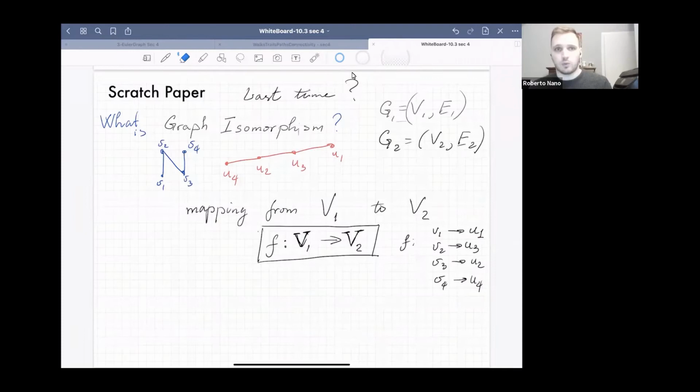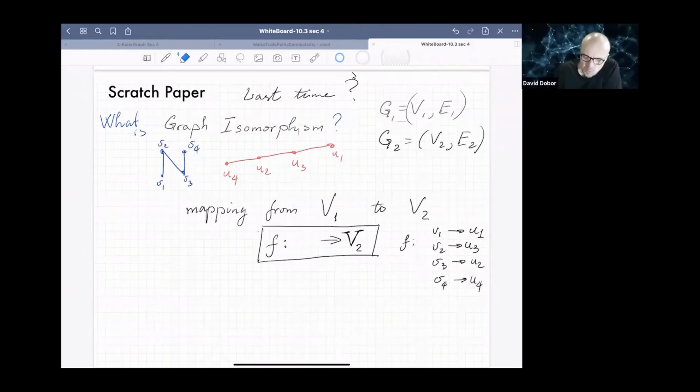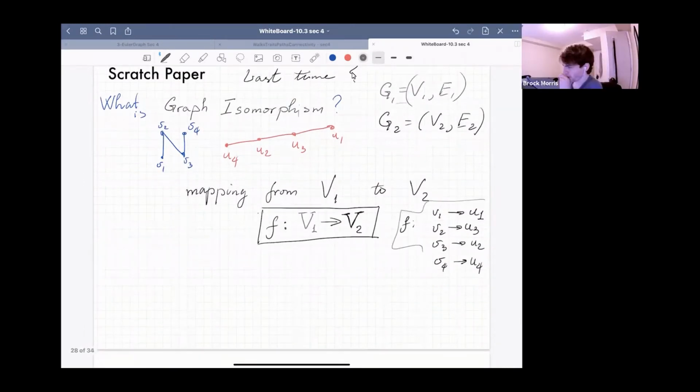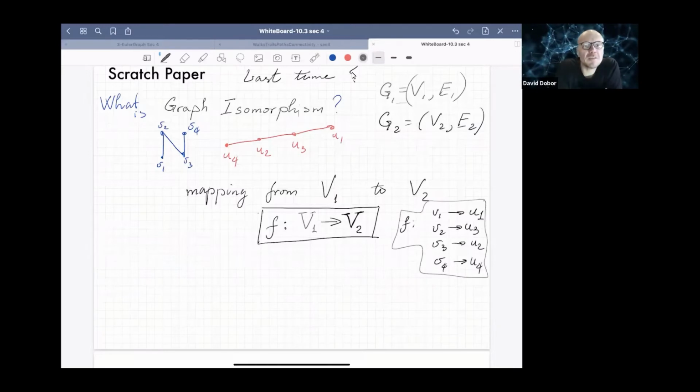You mean the one-to-one? Yes, it has to be one-to-one. What does that mean, that it's a one-to-one mapping? That the function takes an input and gives one output. Well, any function has an input and an output. But one-to-one means that distinct elements map to distinct elements, right?